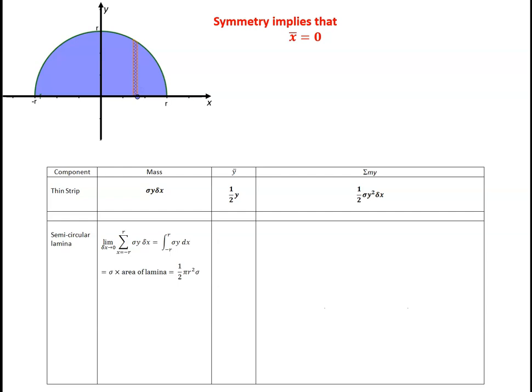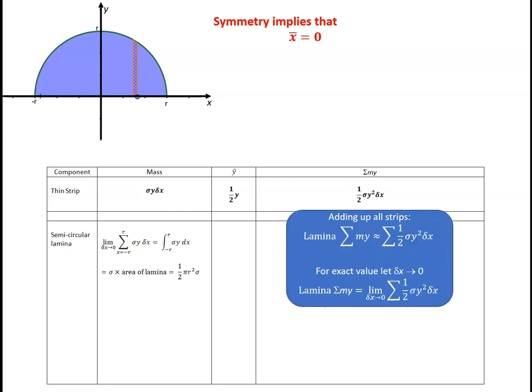For the sum of the my's entry, we need to add up all of the my's for all of the strips. So that is going to be the sum between x equals minus r and x equals plus r of all of these half sigma y squared delta x terms. To get an exact value, we need to let delta x tend to 0.